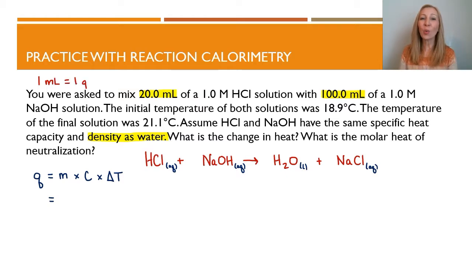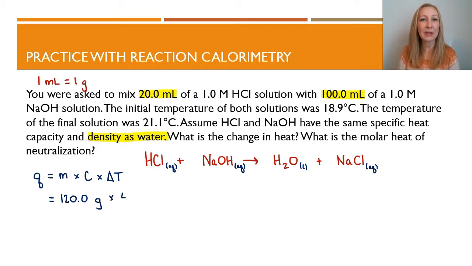So if we have 20 and 100 milliliters of solution, we basically have close to 120 grams of water that can be absorbing or releasing energy in this reaction. So the mass of the water is 120 grams. Remember, for this problem, everything is focused on how much the water is gaining or losing.